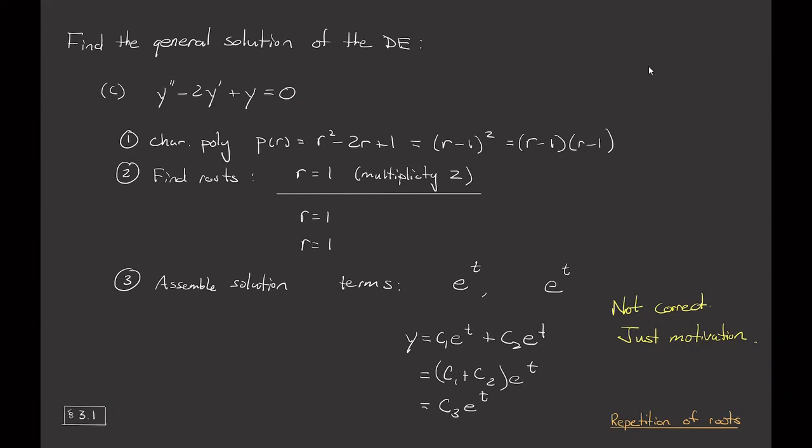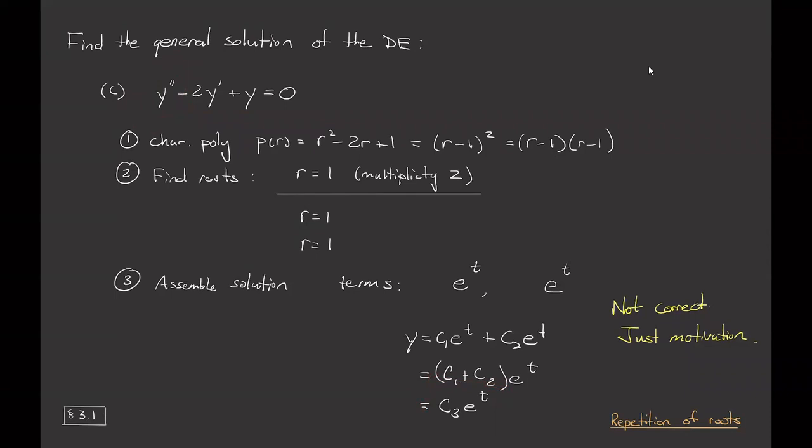But for linear homogeneous differential equations with constant coefficients, the order should dictate how many terms there are. If we have second order, we should have two distinct terms, or what we'll call linearly independent terms. But we see here there's only one term. So there's a problem there.